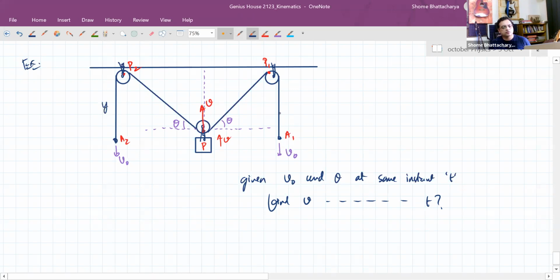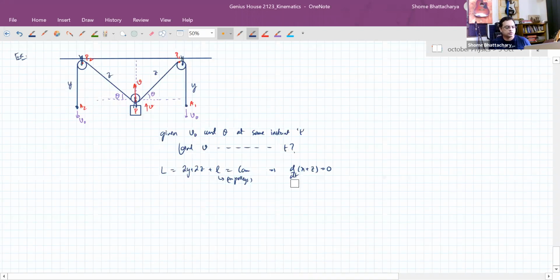So if these two are Y and Y and these two are Z and Z, so the total thread length, which is 2Y plus 2Z, is constant, so Y plus Z should be constant, and its derivative should be 0.